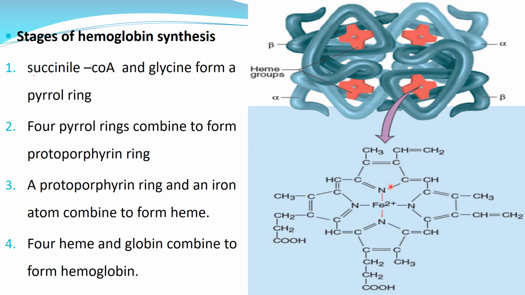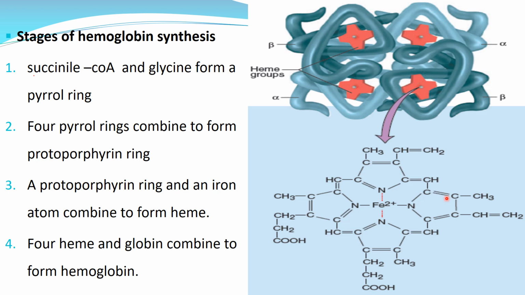This is a pyrrole ring, this is a pyrrole ring, and this one is also a pyrrole ring. Four pyrrole rings combine to form a protoporphyrin ring. So 1, 2, 3, 4.